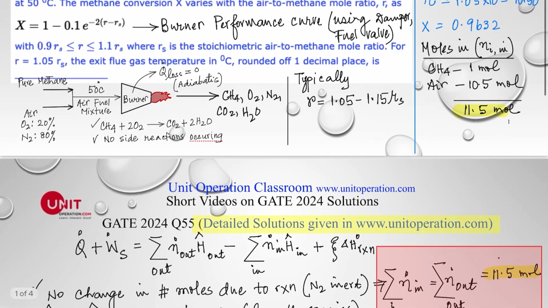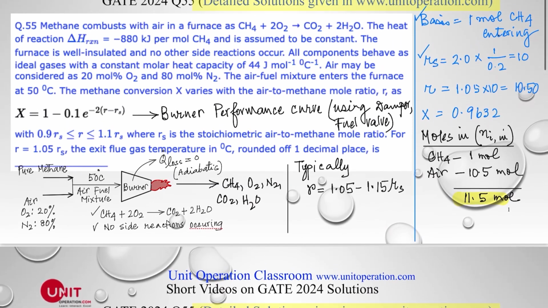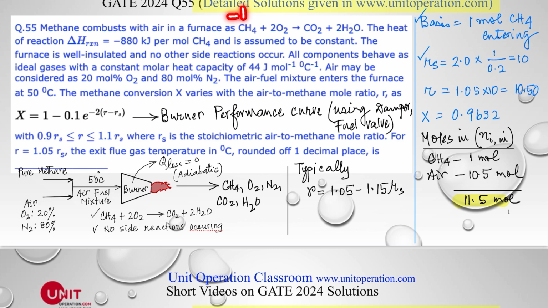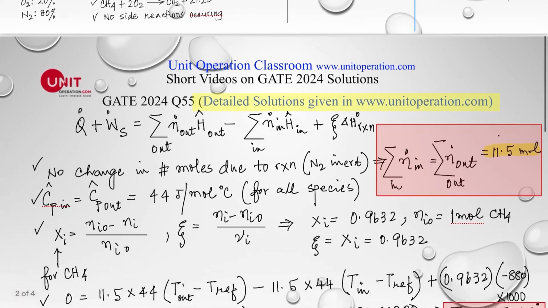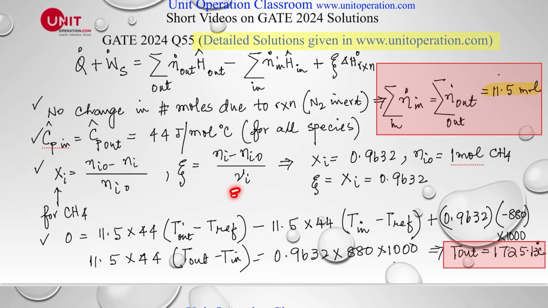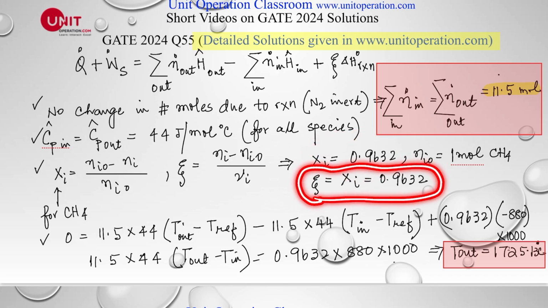For this reaction, the stoichiometric coefficient for methane is 1, for oxygen is negative 2, for carbon dioxide is plus 1, and for water is plus 2. Right? Since we are dealing with methane, this value is negative 1. If we do the calculations, we get the value of xi. That means the extent of reaction is the same as the conversion, 0.9632.